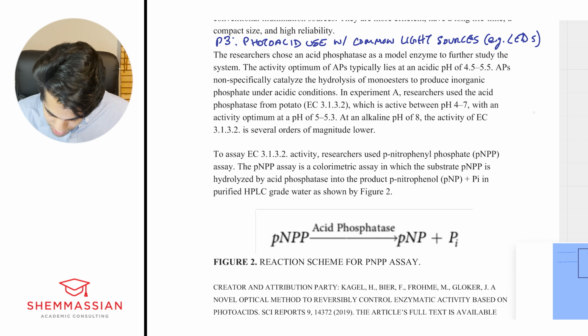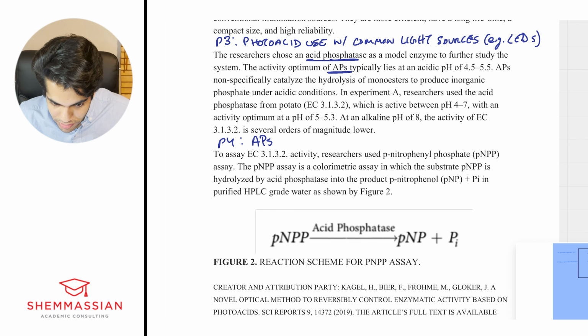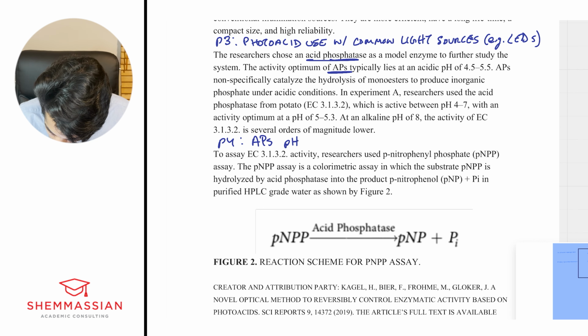These acid phosphatases that we talked about here, and put pH and mention that 4 to 7, they're active. But 5 to 5.3, which was mentioned right here, is optimal.